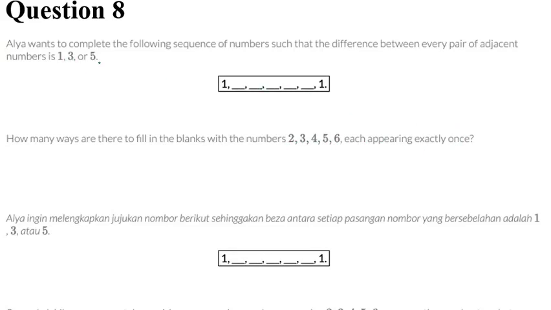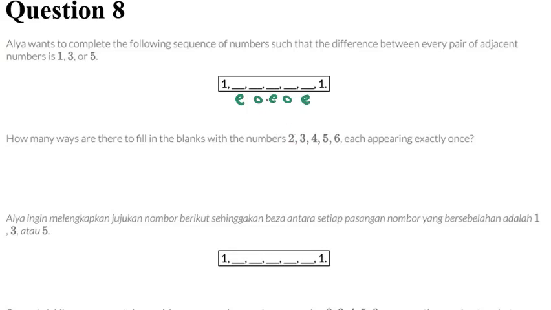Because the difference is 1, 3, or 5, it should be even, and any even is okay: 2, 4, 6. If you pay attention, the next one should be odd, and because the numbers are 1 to 6, the difference between even and odd can be 1, 3, or 5. So it is even, odd, even, odd, even.